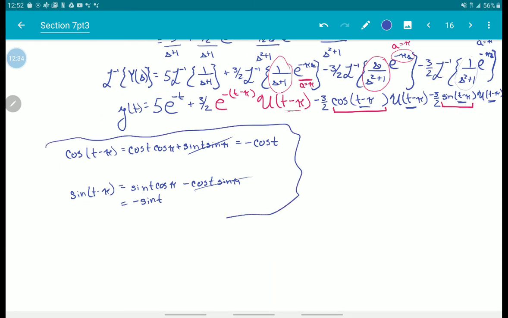So side work, I'm going to box it. Y of t is equal to 5e to the negative t plus 3/2 e to the negative t minus pi. If you wanted to distribute the negative in, you could. Unit step, t minus pi.